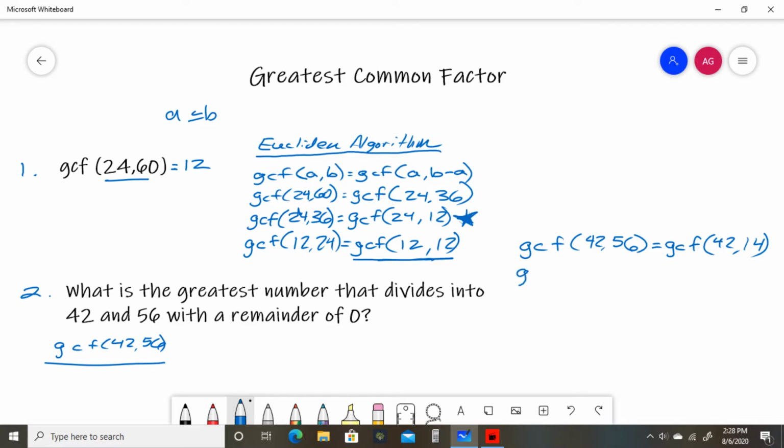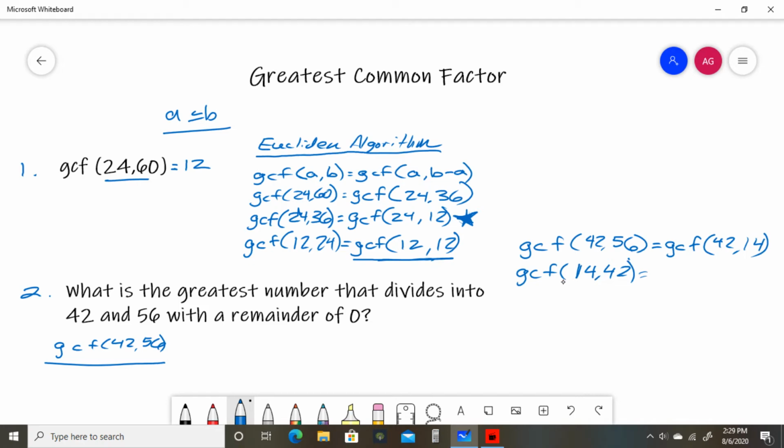We want to find the GCF between 42 and 14. Oh, I did it again. Between 14 and 42. Those are exactly the same thing. I just have it in this format so that the Euclidean algorithm works properly. It's not really that important. You don't have to worry about it.